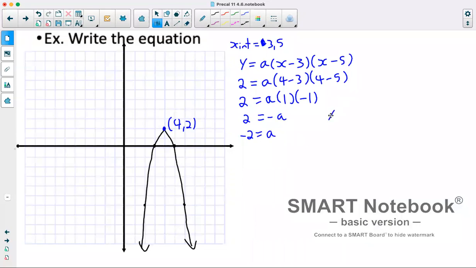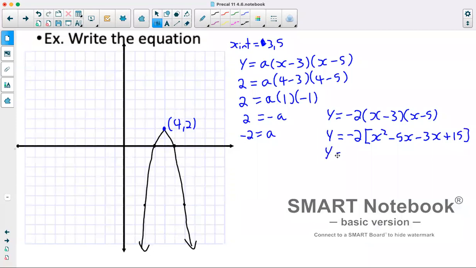So my equation would be y is equal to -2 times x minus 3 times x minus 5. Now we have to FOIL this out. I will leave the -2 in front till the very end. So I've got x times x is x squared. x times -5 is -5x. -3 times x is -3x. -3 times -5 is +15.